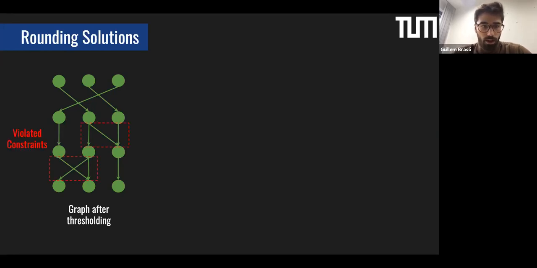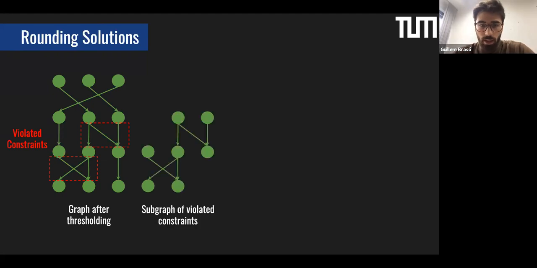This violates some constraints, and the constraint is that, given a node, you can have at most one edge going out of it and one edge going into it from the path. So what we do in these cases is that we take the subset of nodes which are involved in a violated constraint.